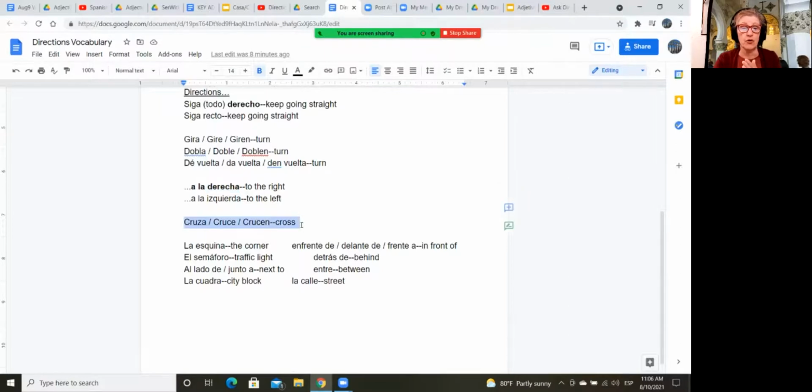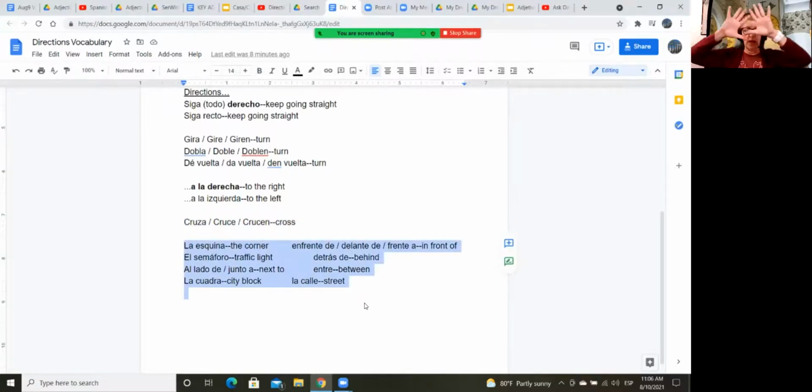If they tell you to cross the street, it may be cruza, cross, okay, in a familiar way. Cruce, a more polite, formal way. Crucen, hey, you guys, cross. Okay? And then these are other terms that I'll talk about, just vocabulary with directions.